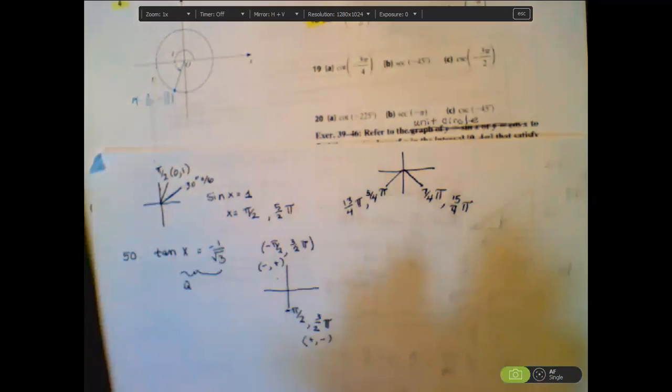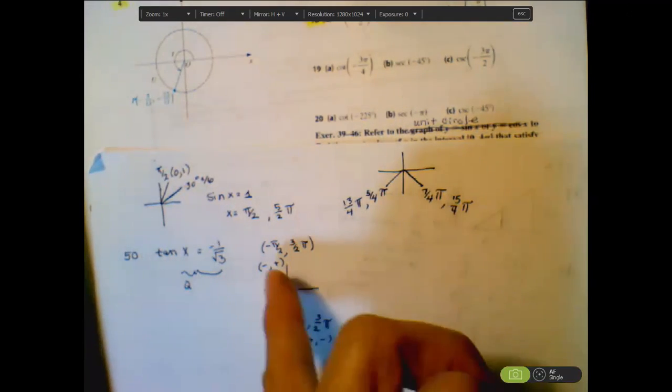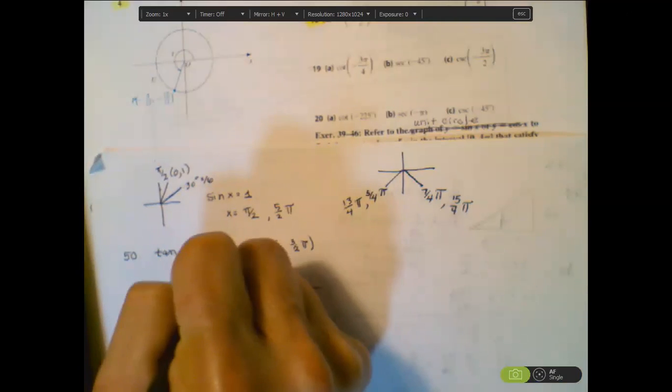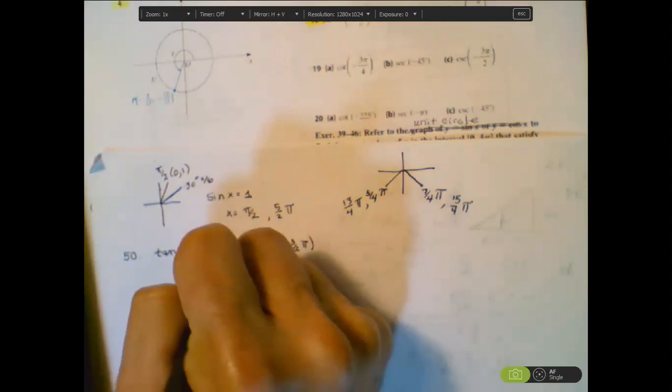So in one revolution of the unit circle, I expect to have 2 angles whose tangent is negative, and one of them is going to be in the second quadrant, one of them is going to be in the fourth quadrant. Instead of or, I'm going to say and, because I want to get both of them.